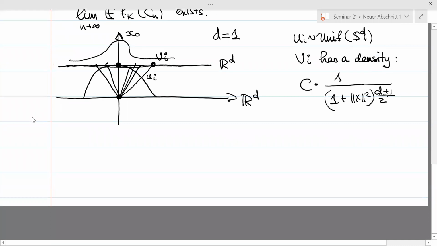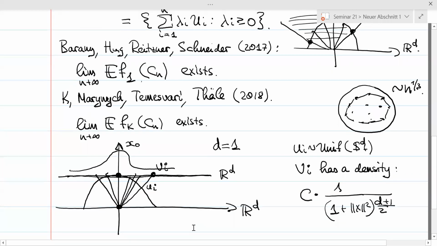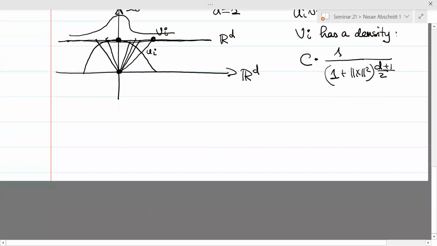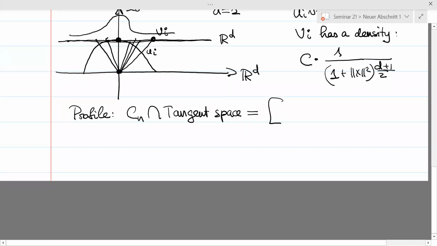Okay, and now instead of the cone C_n, I consider its profile. The profile is just the intersection of the cone C_n with the tangent space. And it is the convex hull, which I denote in this way, of the points V_1, ..., V_n.